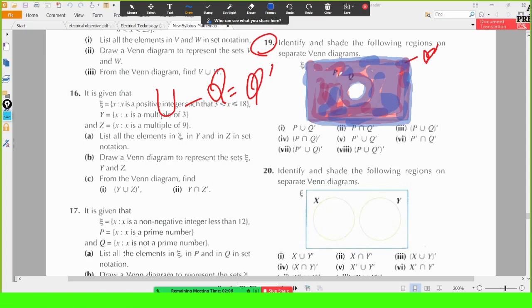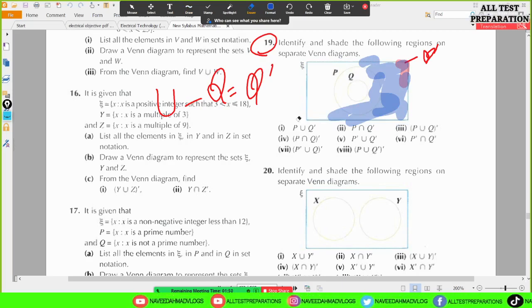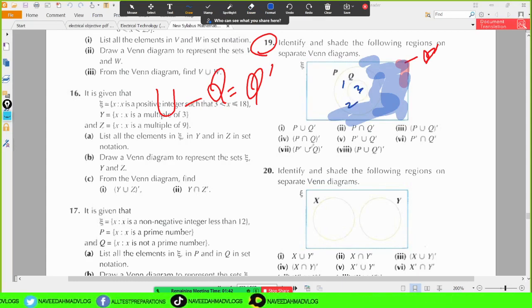Now Q is inside P, so you will also write all elements of P. So this will also come in. Q is inside P, so all elements of P also you have to shade. This is union, so you shade all elements of Q bar and all elements of P. So P has limits here, here and here, and you include all of those. Okay, got it?